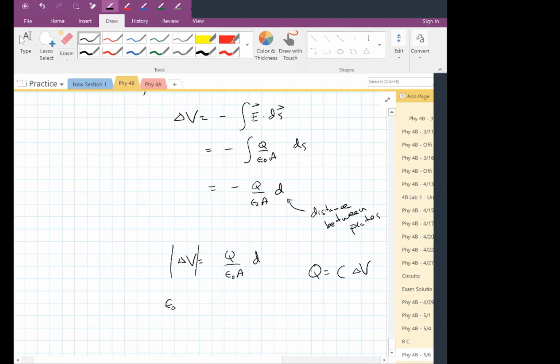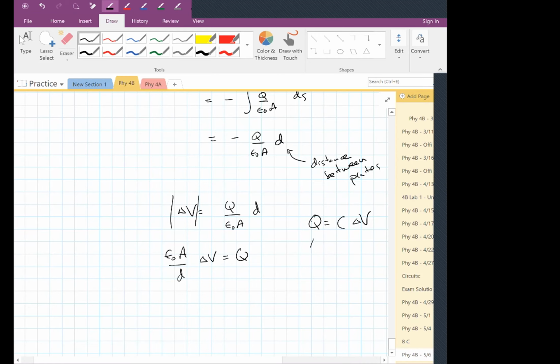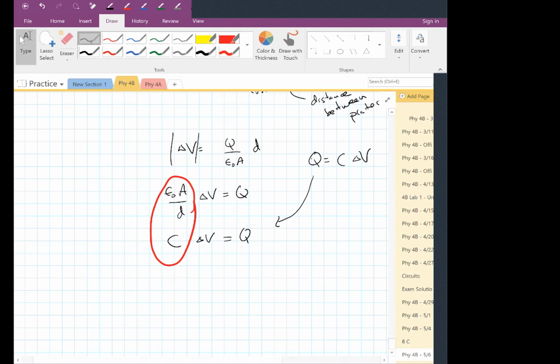I'm going to have epsilon naught A over D times delta V is Q. And I know Q has to equal C times delta V. So what is this? That must be the capacitance for a parallel plate capacitor.